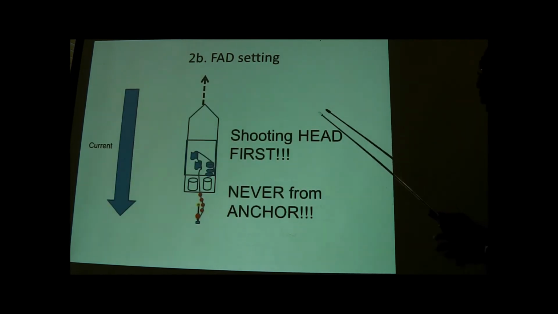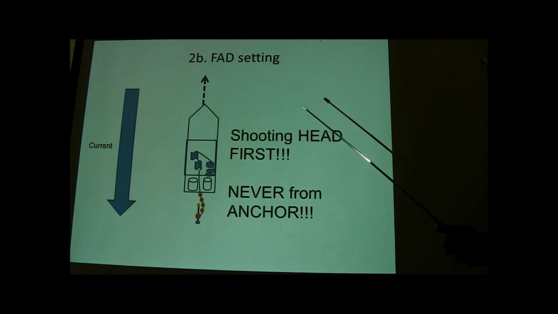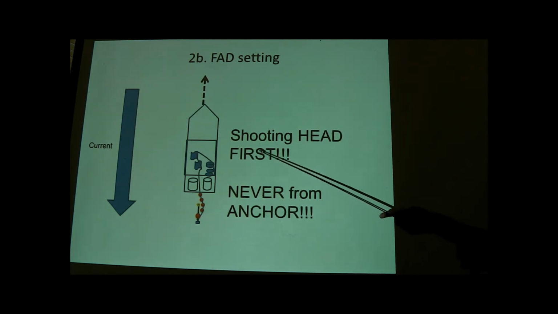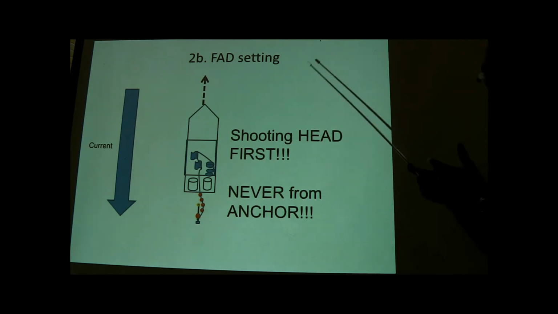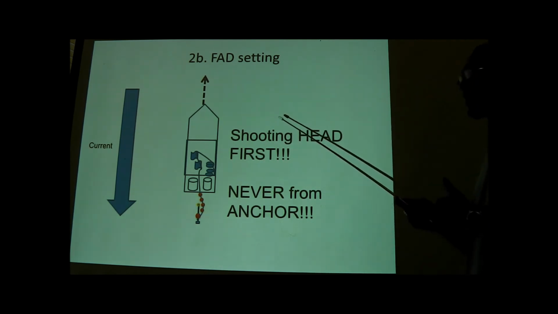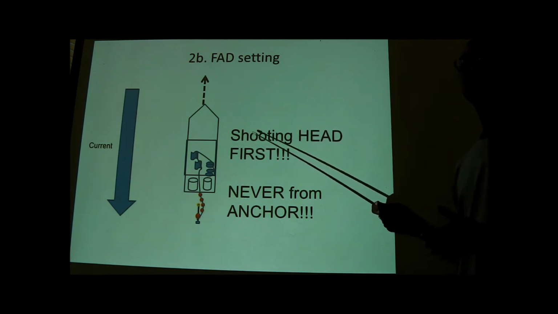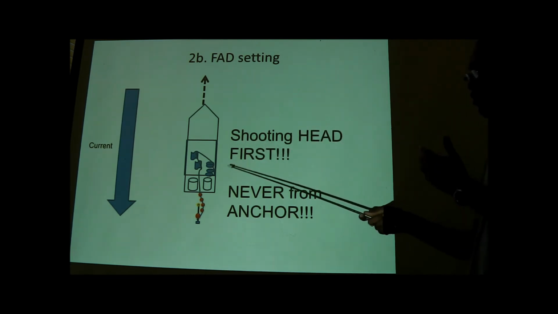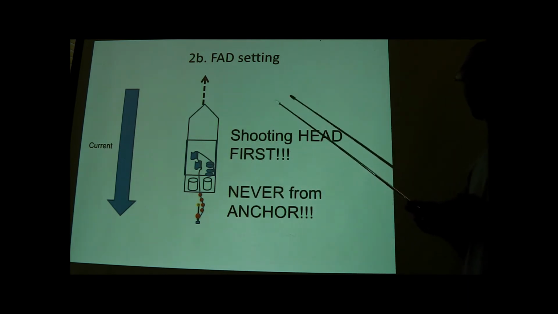Again, this diagram shows a further illustration of the direction of the vessel. Two critical important points: shooting head first. Again, there is always differences among fishers. In Dominica, there are some fishers who like to set some of the head and then deploy the anchor with the rest of the rope on board.